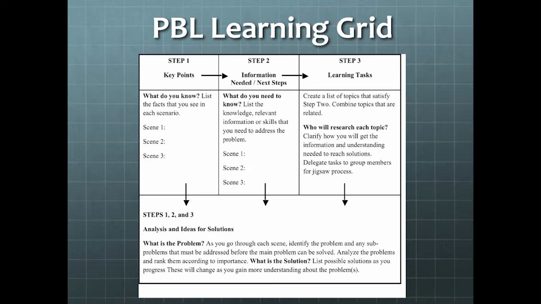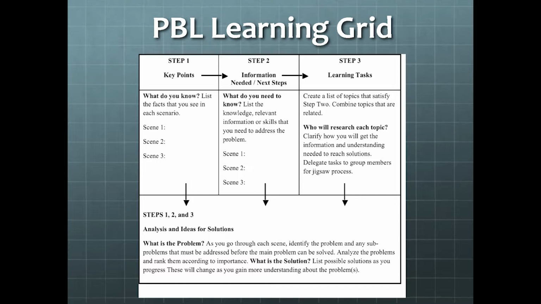So you determine what is the problem and what is the solution. You may have a student in the group who has a flash of inspiration and says, I think it's this. And you say, okay, that's great. That's not a fact or something that we need to know. It is an analysis or an idea for a solution. We're going to put it down here for now and see where that goes, so we don't forget it.